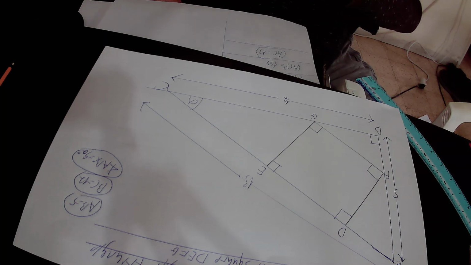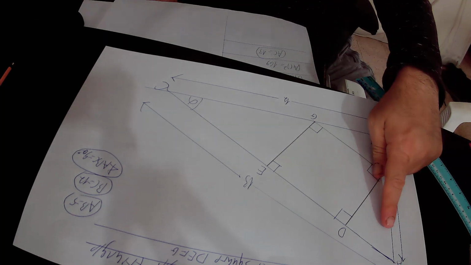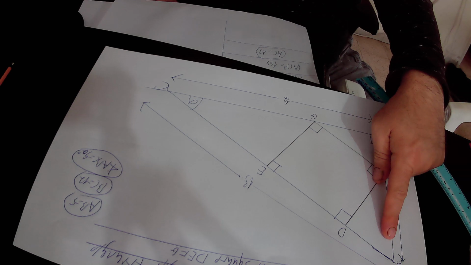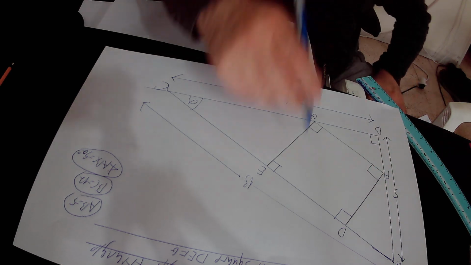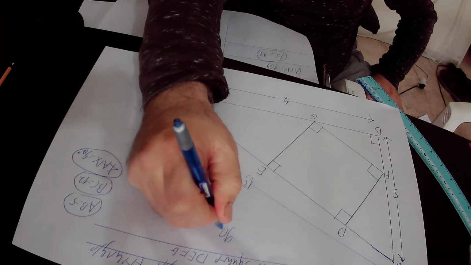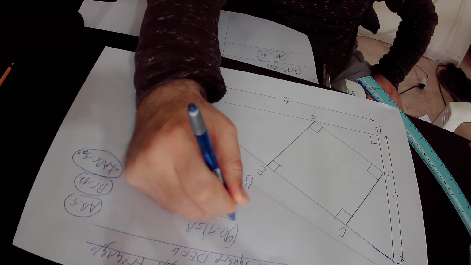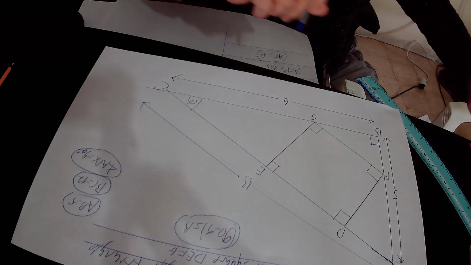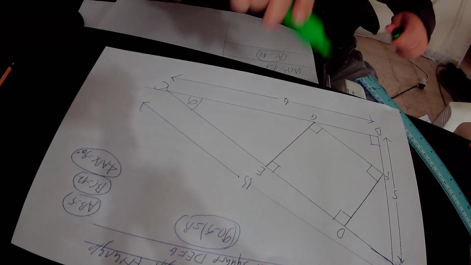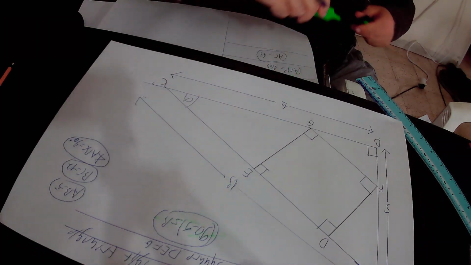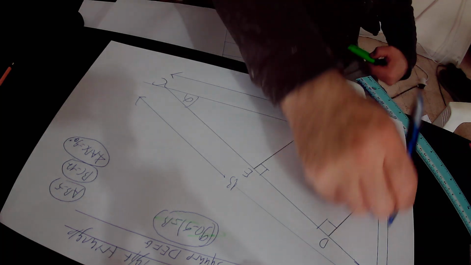That is the sum of the angles in any triangle. Therefore, the missing angle here must be equal to 90 degrees minus alpha. And we define that 90 degrees minus alpha equals beta. And therefore, the missing angle here equals beta.